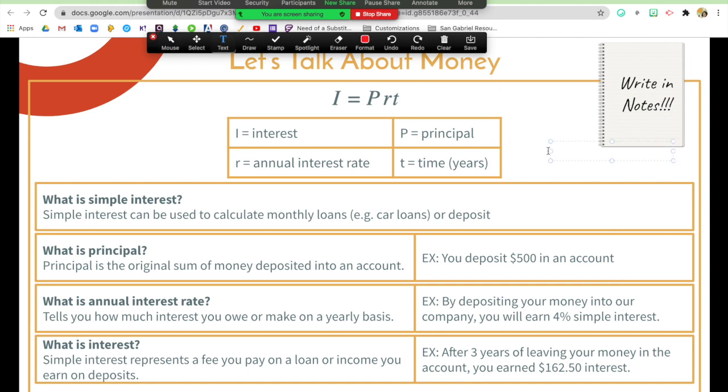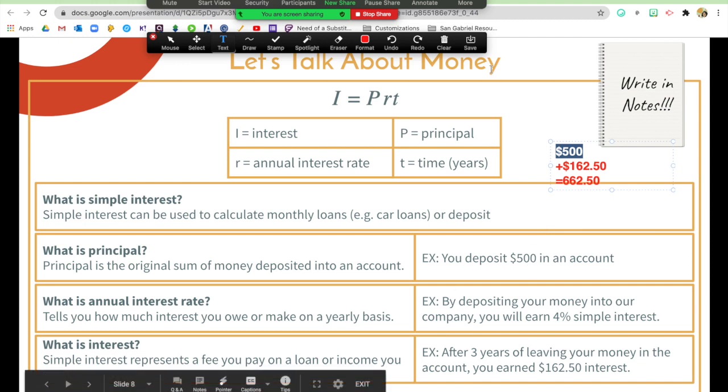Like if you start off with $500 and then after 3 years you get $162.50, all of a sudden now you have $662.50 in your account. You did that just by leaving that $500 in your account for 3 years, and automatically it increases the sum of money.